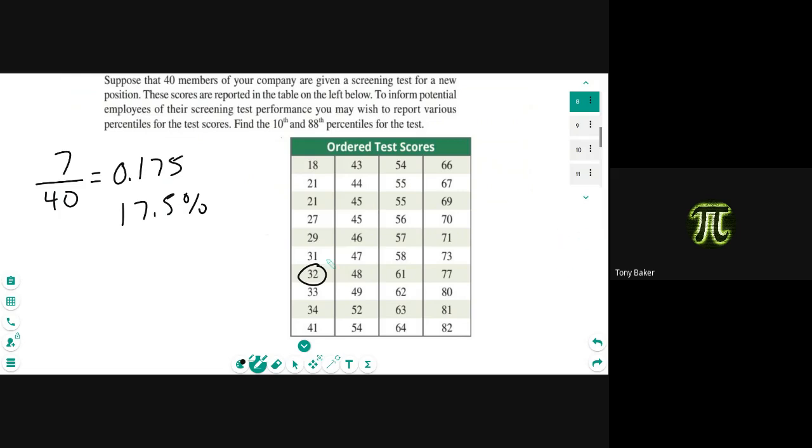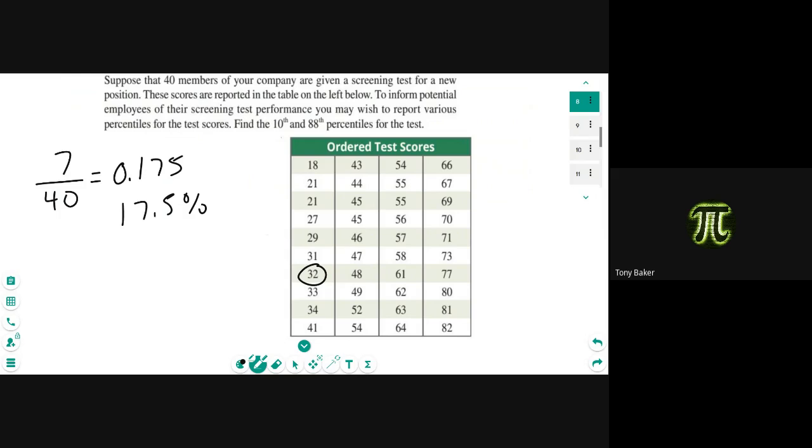So you count that number back, and you're just dividing it by the number that's there. You will want 18, because the percentile is always a whole number in that respect.